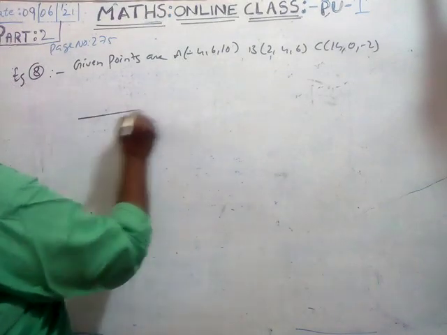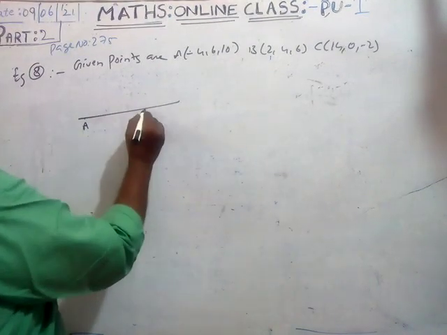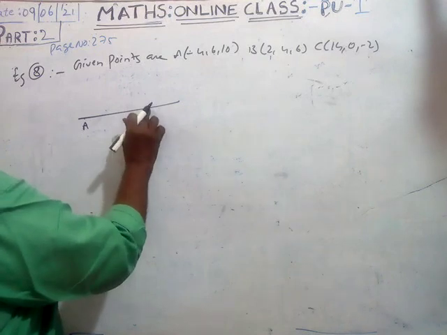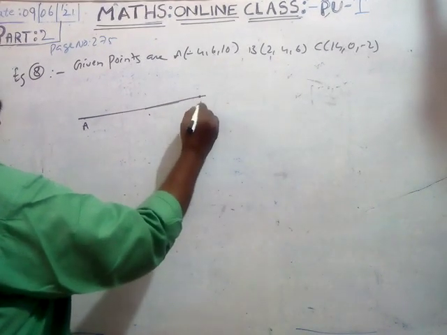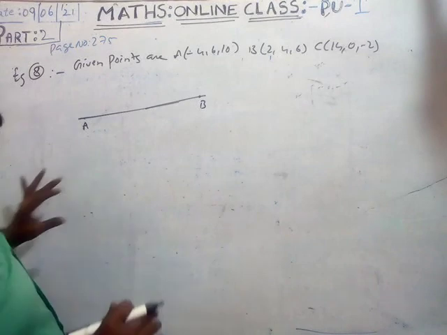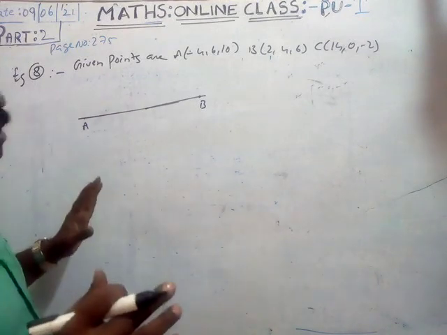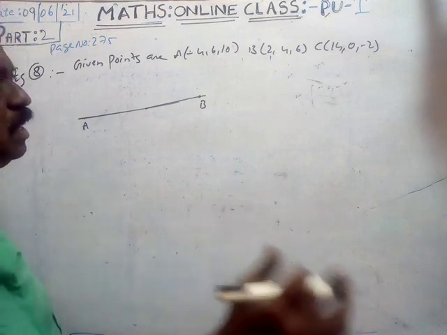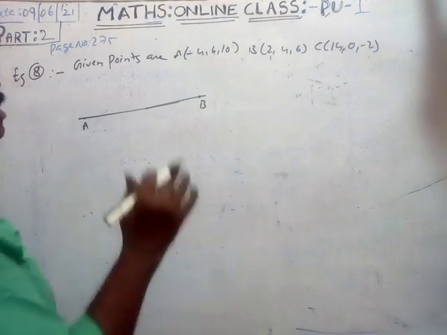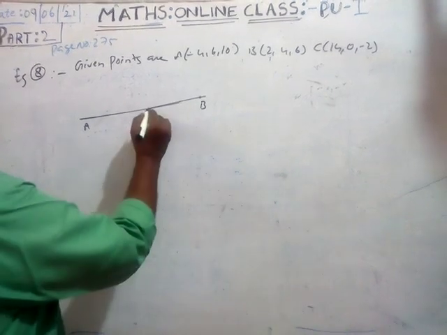Collinear means, you see now, it is A and B points, and C must lie on this line AB. Then they are said to be collinear. Collinear means they are lying on the same line.